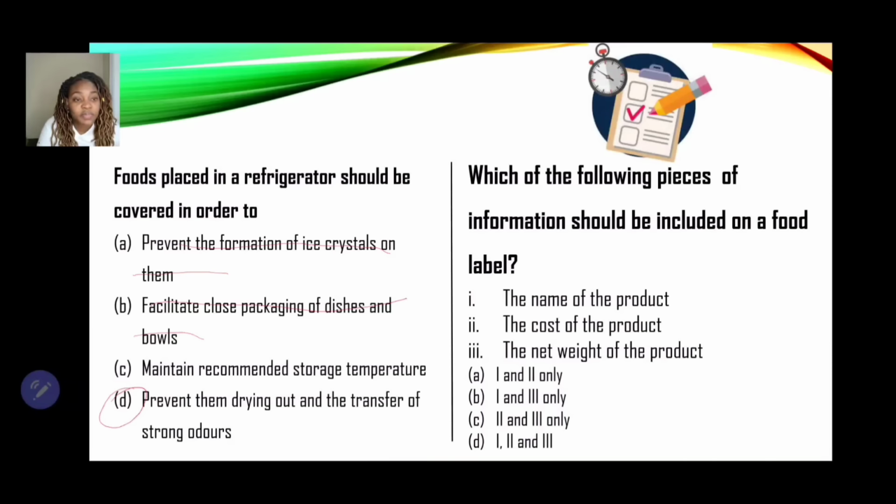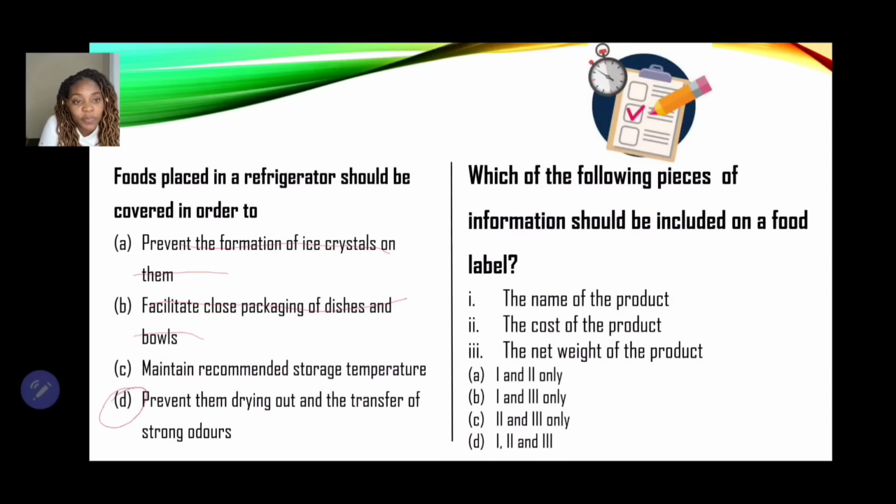Which of the following pieces of information should be included on a food label? 1, the name of the product. 2, the cost of the product. 3, the net weight of the product. Right? Now let us look at, so we know that the cost of the product is normally stamped by the merchandiser, right?